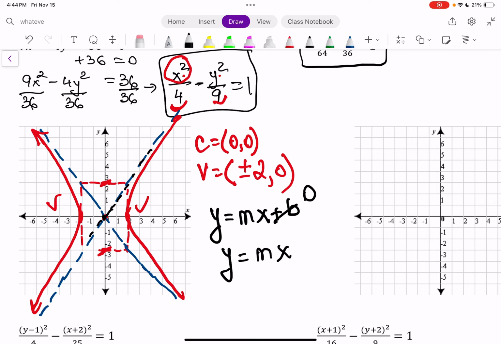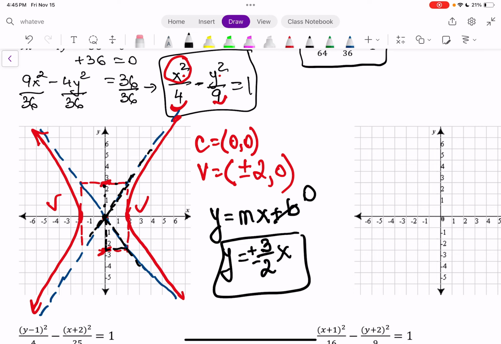The b is 0. Now, to read the slope, I have to think about what's the rise versus what's the run. So as you see, to draw this line, I went 3 units up and 2 units to the right. So the slope is 3 over 2, okay? The other slope for this line that's going down is 3 units down and 2 units to the right. So the equations of the asymptotes are y equals plus minus 3 over 2 x.